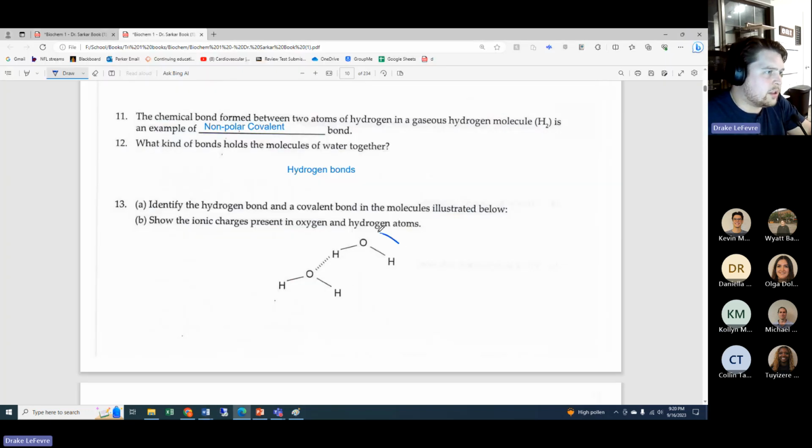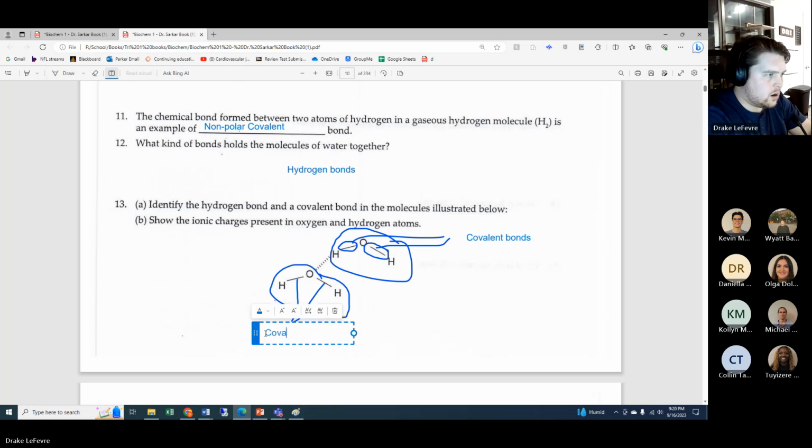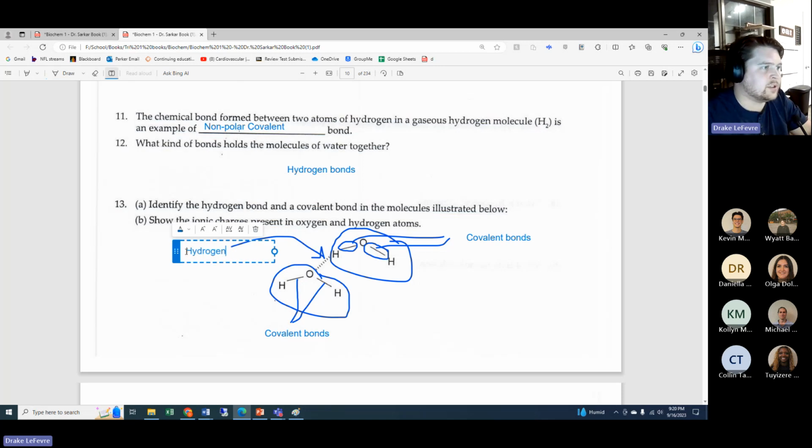So we have one molecule here and a separate molecule here. This is the original bond that hydrogen is forming with oxygen. So these two here are our covalent bonds. Same with these two down here, those original bonds are covalent bonds. And then the bond in between the two of them is now our hydrogen bond.